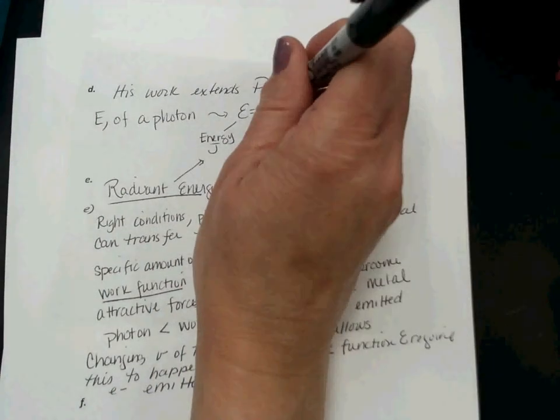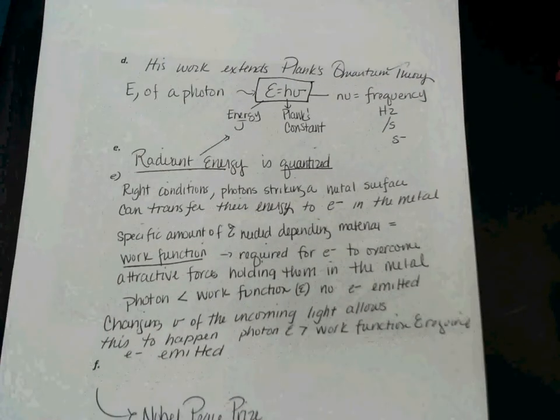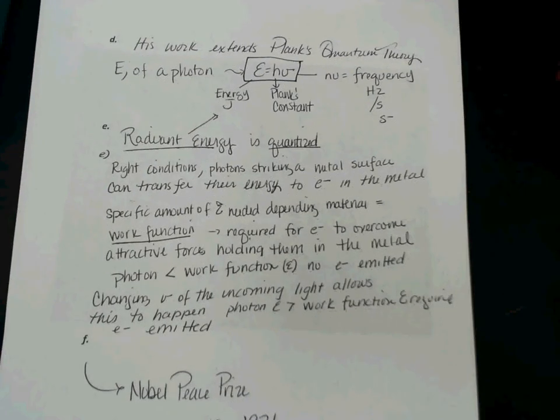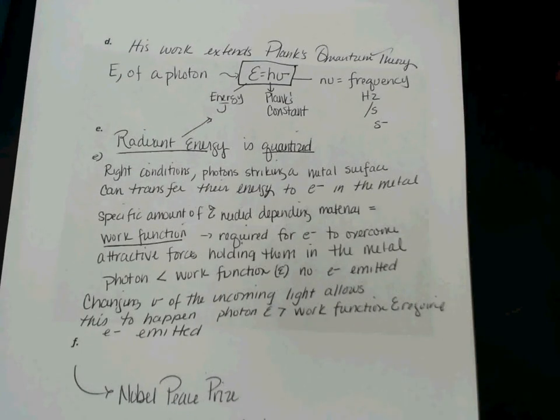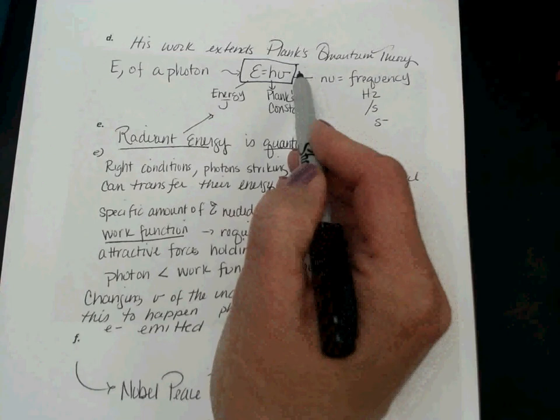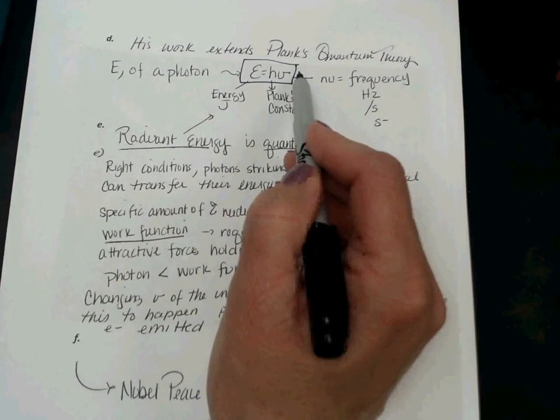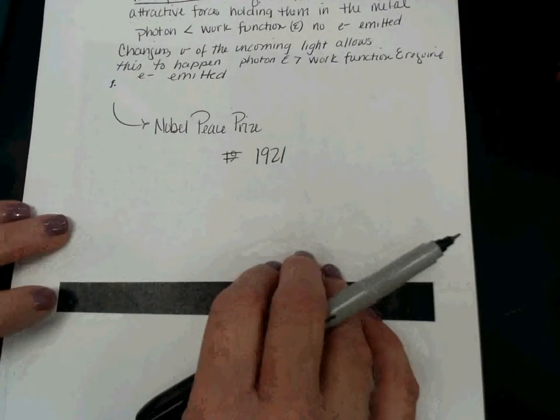You are going to have to use, I believe, in the rest of those problems, this E equals h nu, and the problems are going to ask you about the minimum amount of energy required, or it may ask you for a certain frequency of light and give you an energy. Then that should clue you in that you're using this E equals h nu.